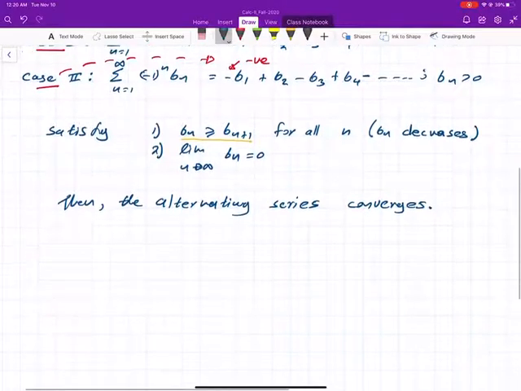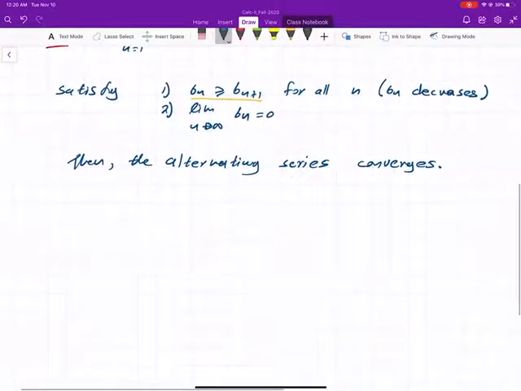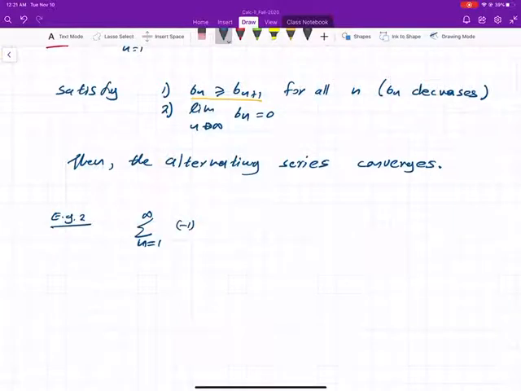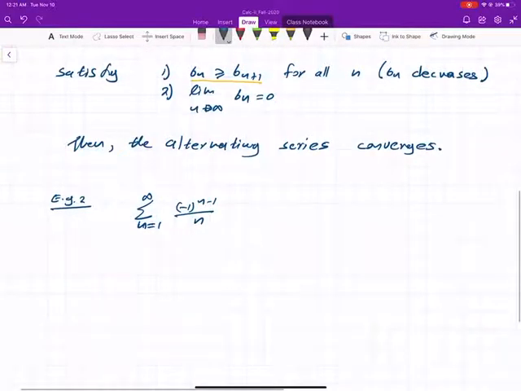All right, so let's discuss the second example. Let's say you are given this series, sigma n goes from 1 to infinity, negative 1 to the power n minus 1, over n. First of all we have to understand what bn is.